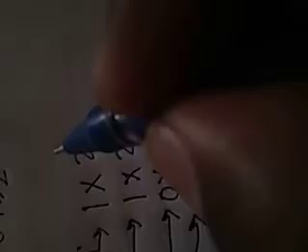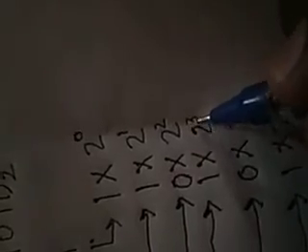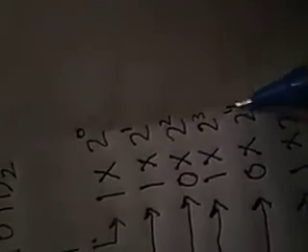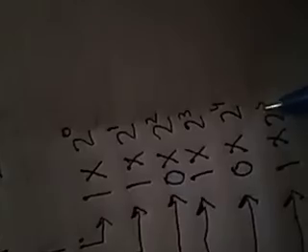Now write the powers starting from 0 to the last one. Here it is 0, 1, this is 2, this is 3, this is 4, this is 5, right?